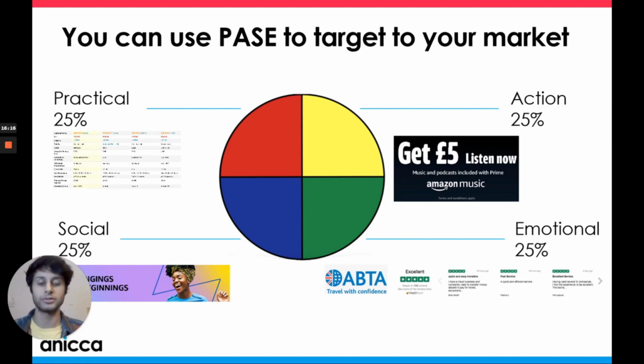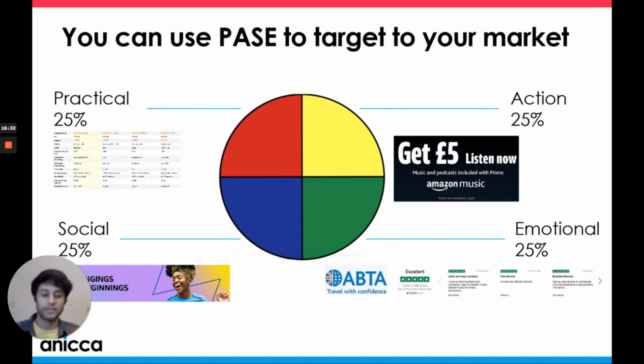So it's important to know who your audience is and cater to these different personality types, just to get as many people interested in your brand and your product as you can.